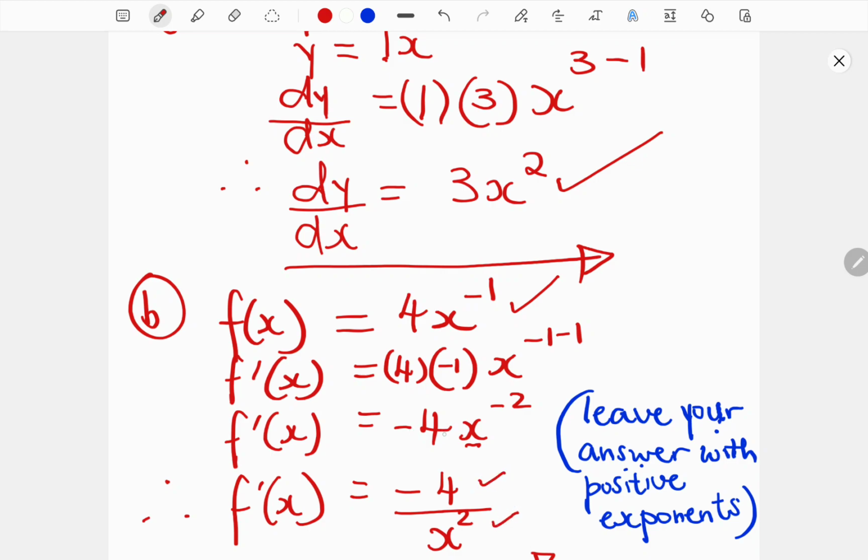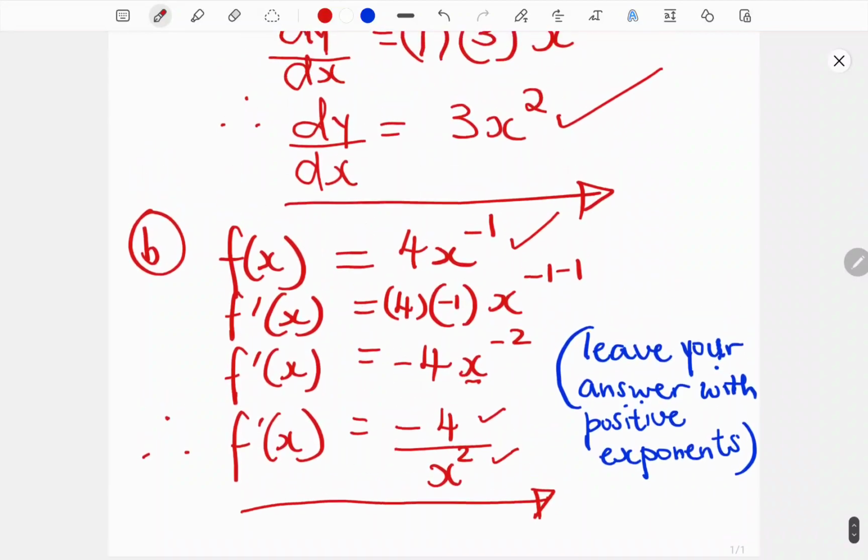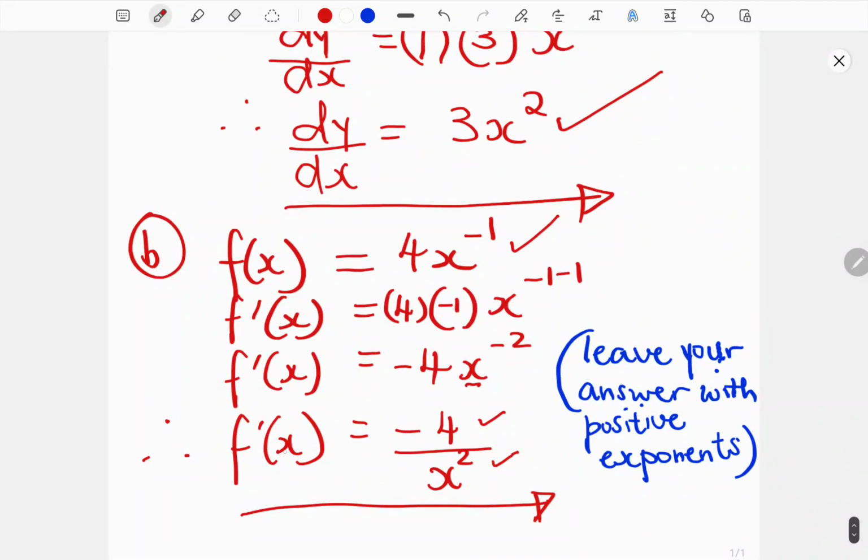The numerator is going to be minus 4. This one with a negative exponent is going to go down and it becomes x to the power positive 2. So that is the final answer. The derivative of 4x to the power negative 1 is equal to negative 4 over x to the power of 2. Thank you.